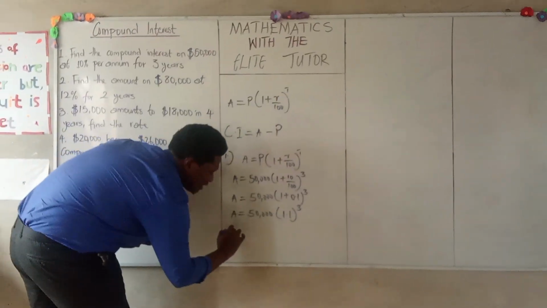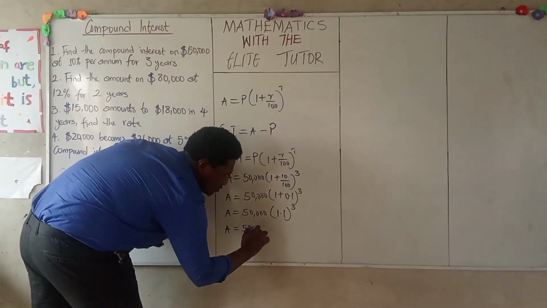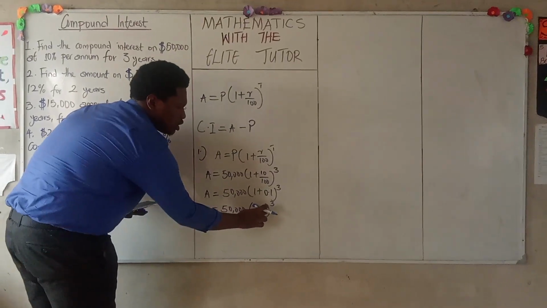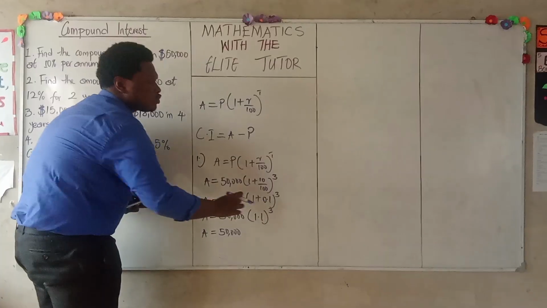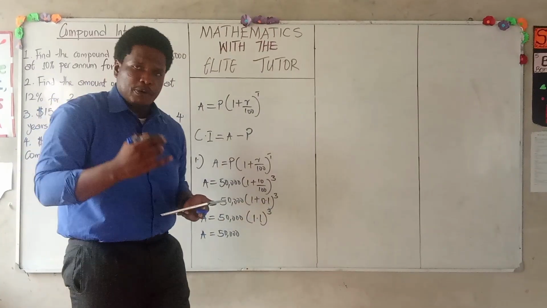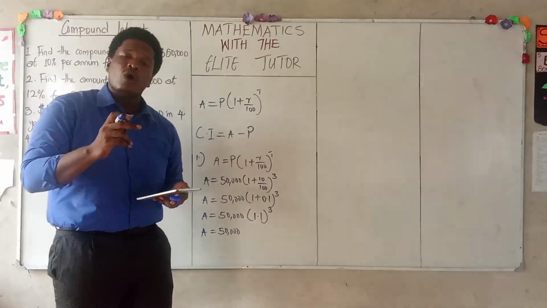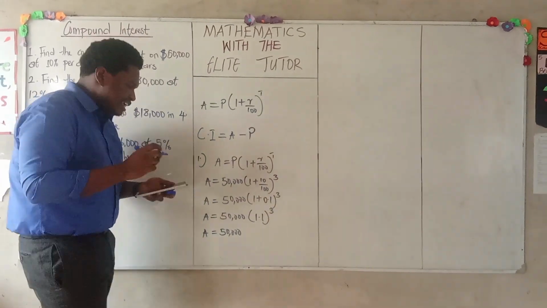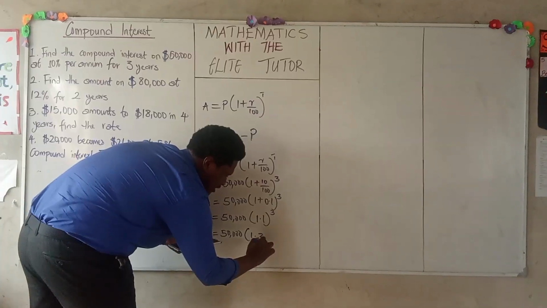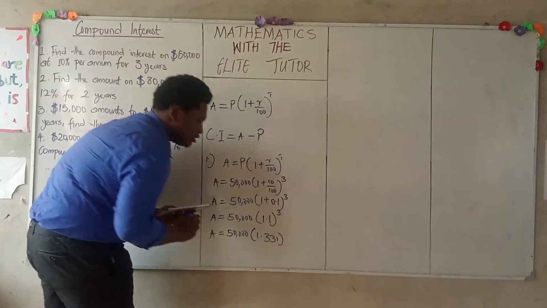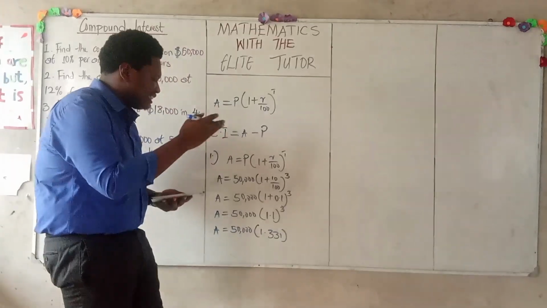And finally we have that the amount is equal to 50,000. Now we are going to solve for what's in our bracket, which is 1.1 raised to power 3. If we point our calculator, let's confirm: 1.1 raised to the power of 3 will give us 1.331.